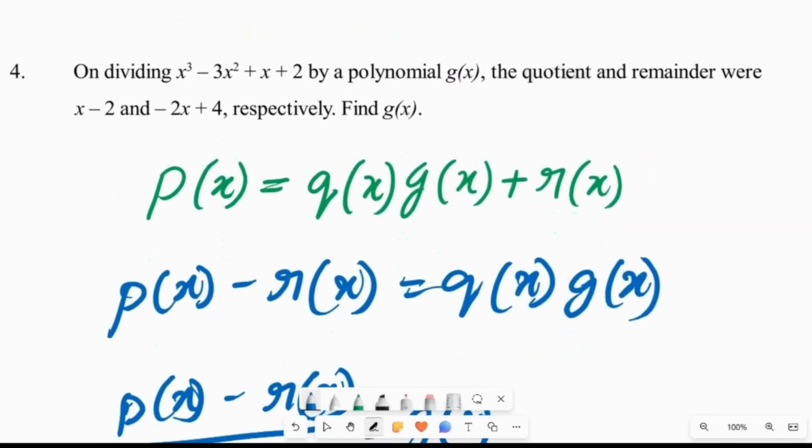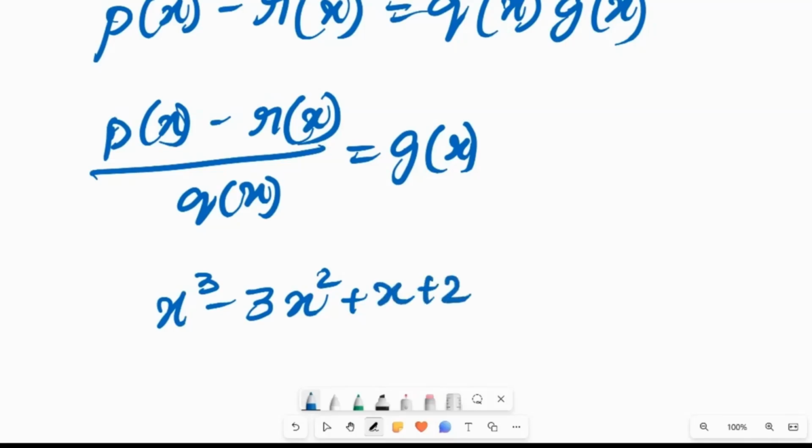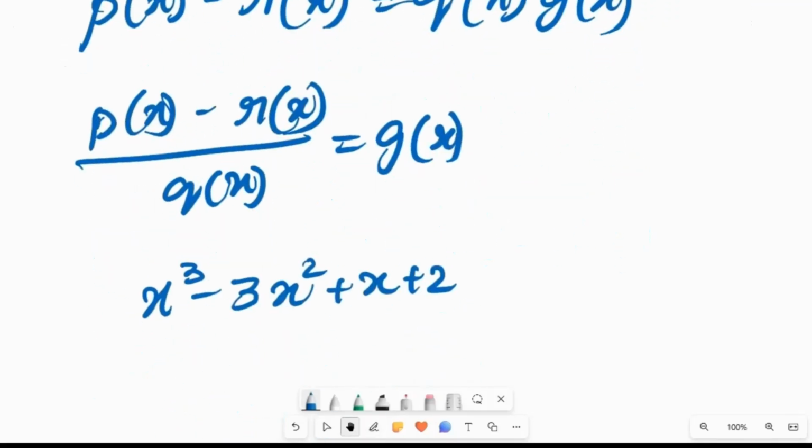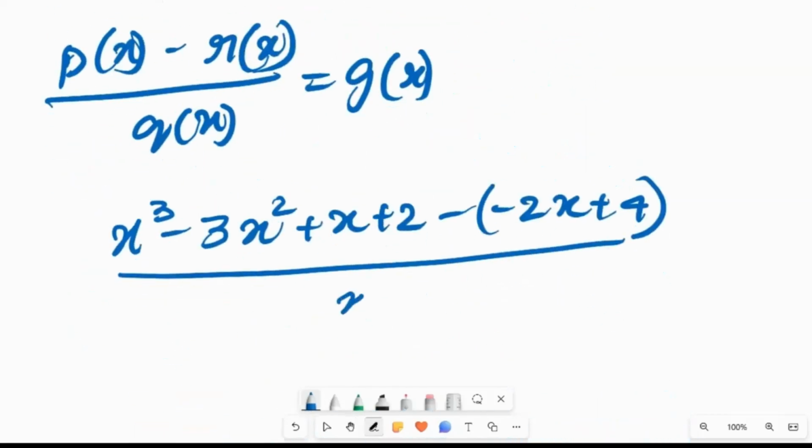So first, let's subtract the remainder from the polynomial. We have x cube minus 3x square plus x plus 2, and the remainder is minus 2x plus 4, so minus of minus 2x plus 4, and the quotient is x minus 2, right?